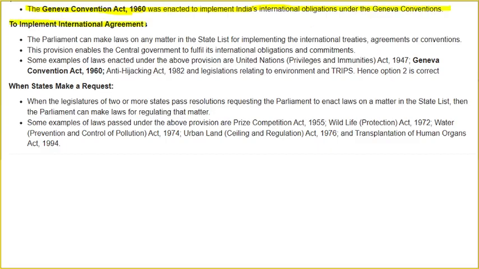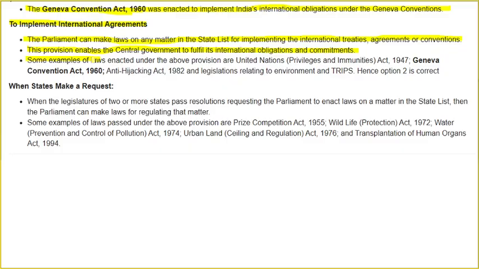To implement international agreements, the Geneva Convention Act 1960 was enacted to implement India's international obligations under the Geneva Conventions. The Parliament can make laws on any matter in the state list for implementing international treaties, agreements or conventions. This provision enables the central government to fulfill its international obligations and commitments.